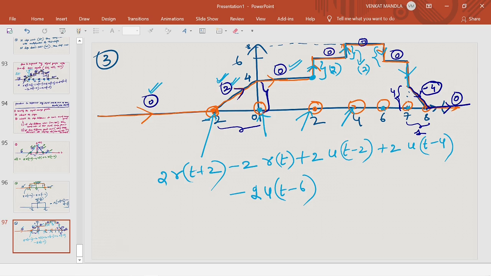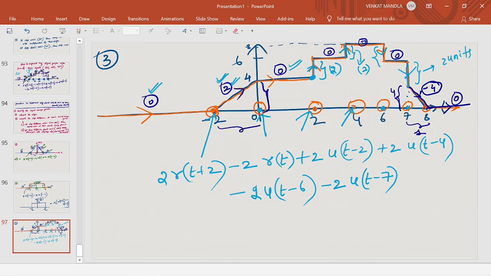How many units is it decreased? This is 6 to 4. 6 to 4 means 2 units decreased. Okay, I should not write this circle here. So 2 units decreased, so minus 2 times u of t minus 7 at t equal to 7.